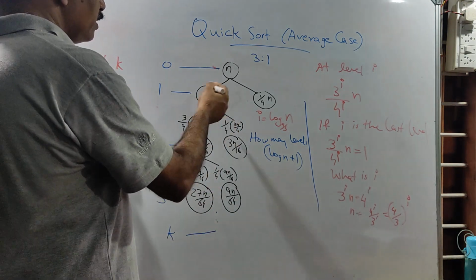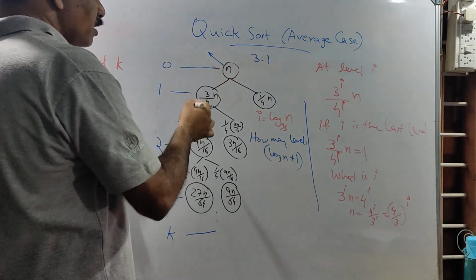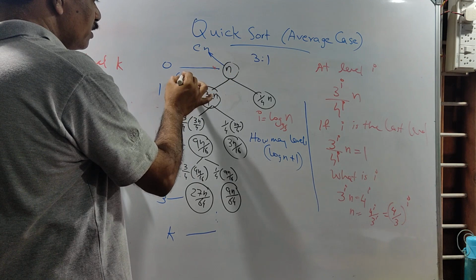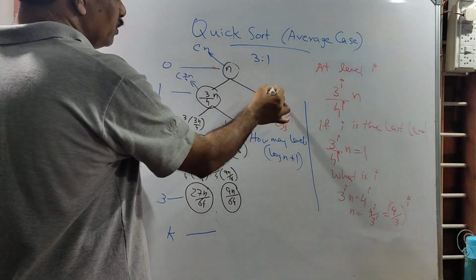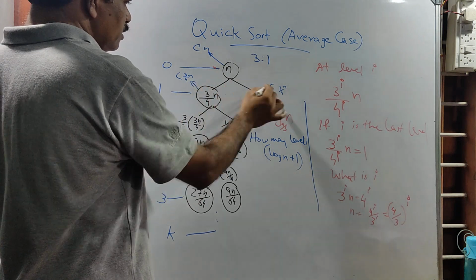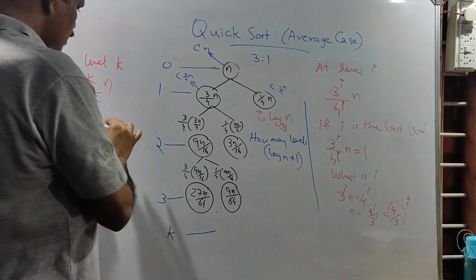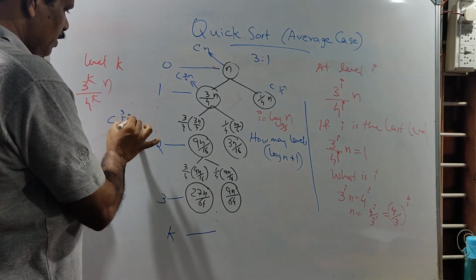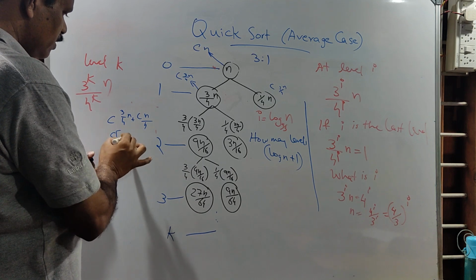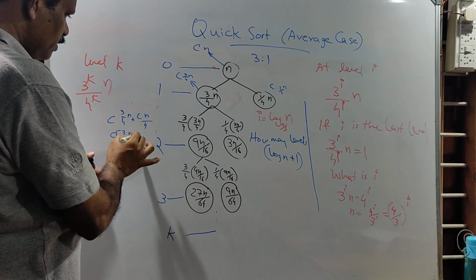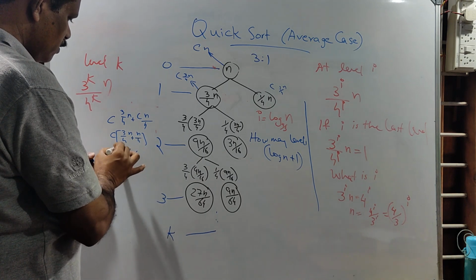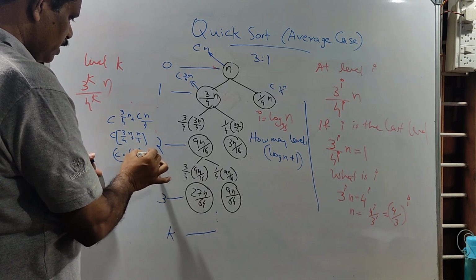Let us check it again. The cost of this is Cn. The cost of this is C into the problem size, that is 3 by 4 n. The cost of this is C into 1 by 4 n. So the total cost at this level is C into 3 by 4 n plus C into 1 by 4 n. So it is C into 3 by 4 n plus n by 4, which is C into 4 by 4 n, which is equal to Cn.